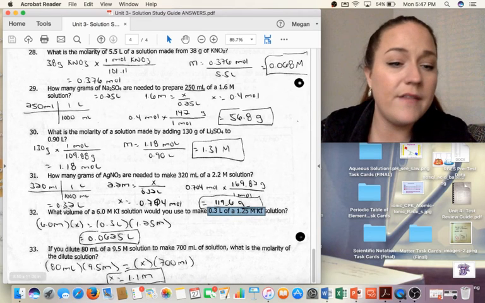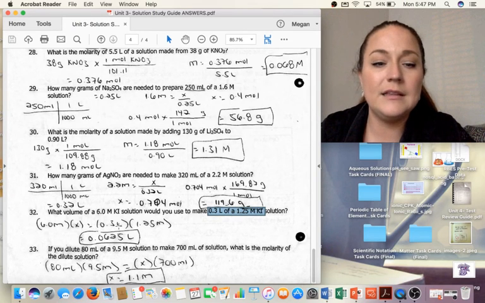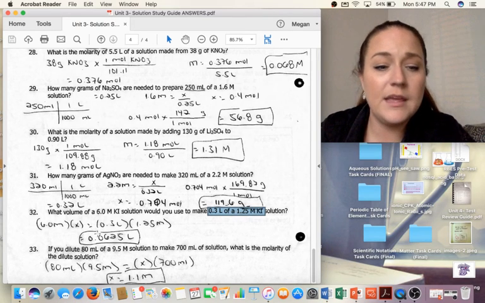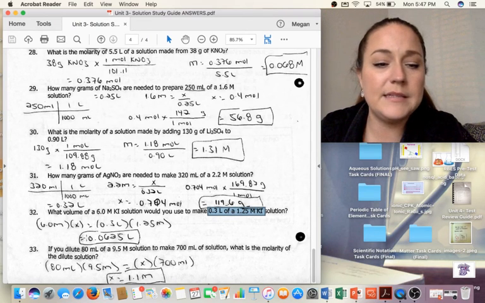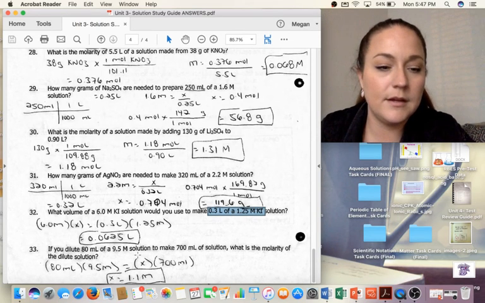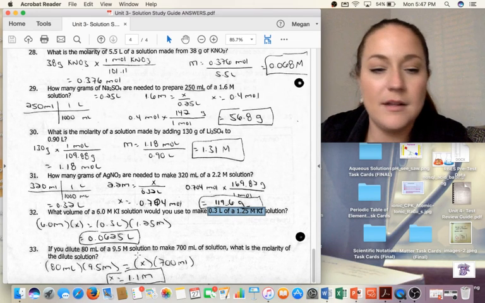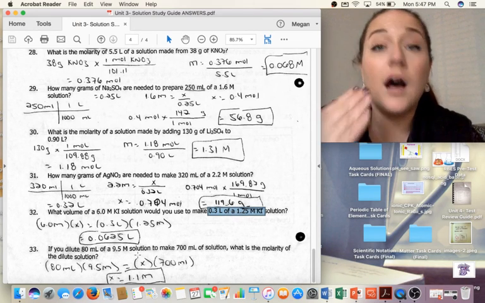So when you have 6.0 molarity times X equaling 0.3 liters times 1.25 molarity, it gives you a volume for V1 of 0.0625 liters.